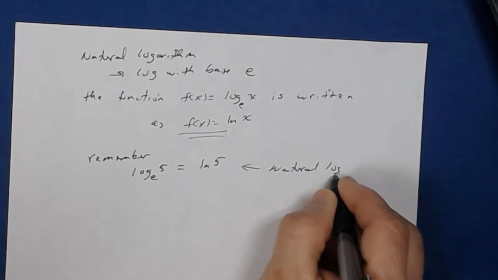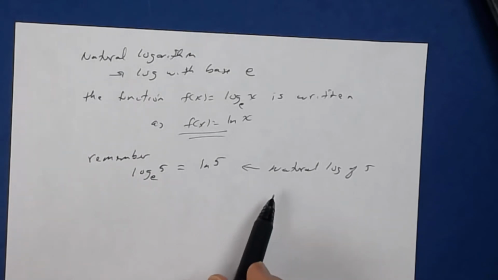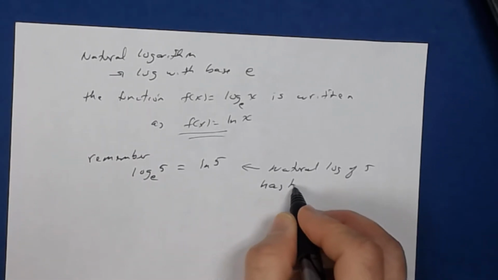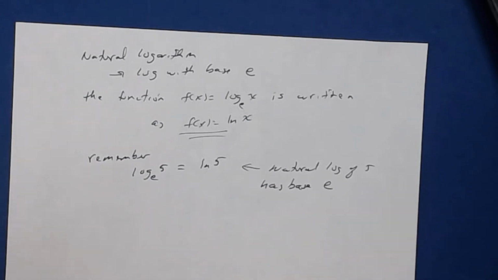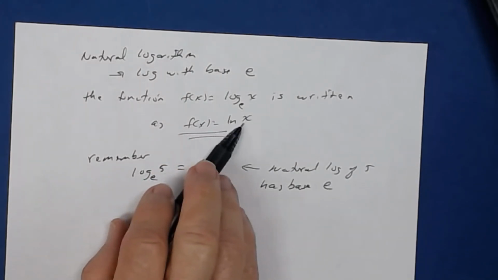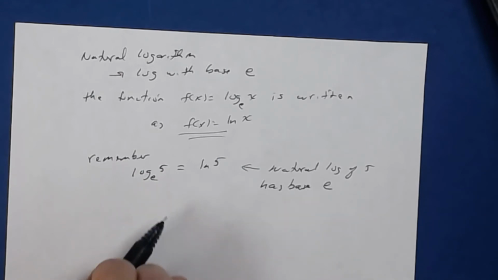Natural log of 5 has what base? Base e. So you have to know how to write a natural logarithm. It has to be written as ln. So ln means this. That's going to be important to remember.